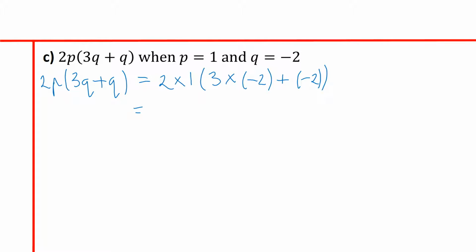Okay, 2 times 1 is 2, doing our BODMAS first, open my bracket, 3 times negative 2 is negative 6, plus minus 2.